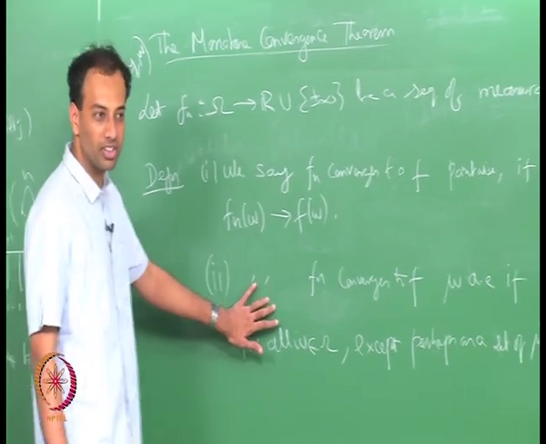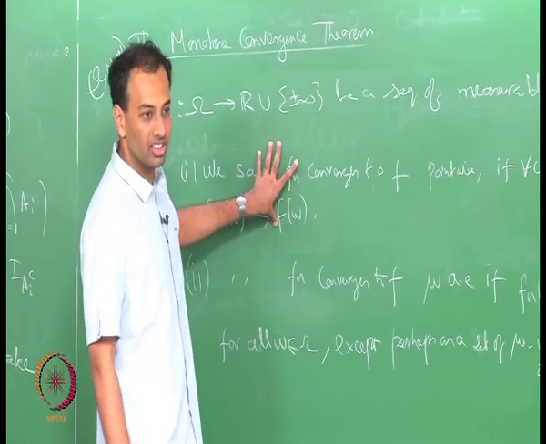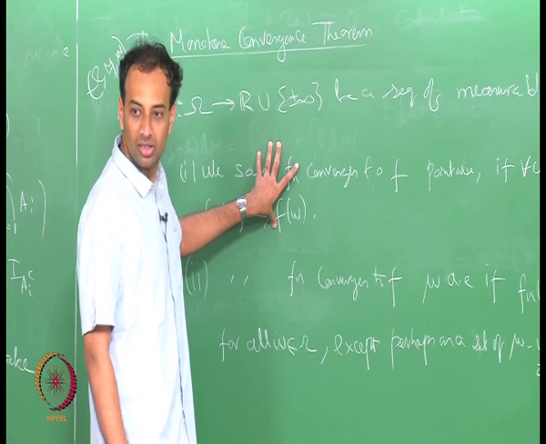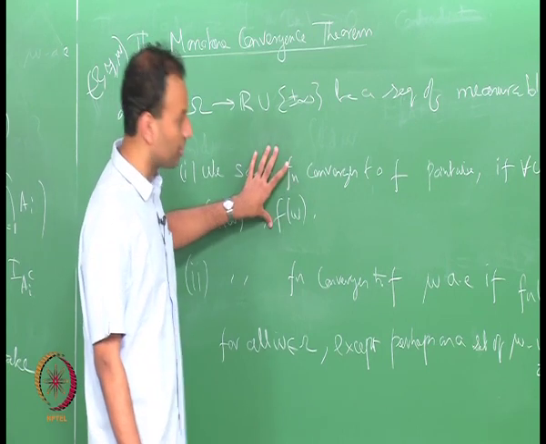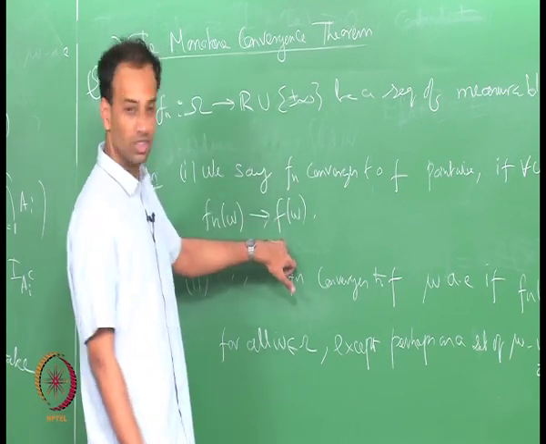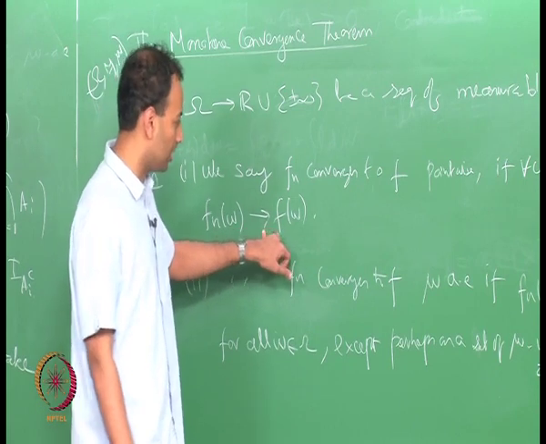Okay, this is also a definition. This is a slightly weaker definition than the earlier one, which says that for every omega in omega you need f n of omega converging to f of omega.